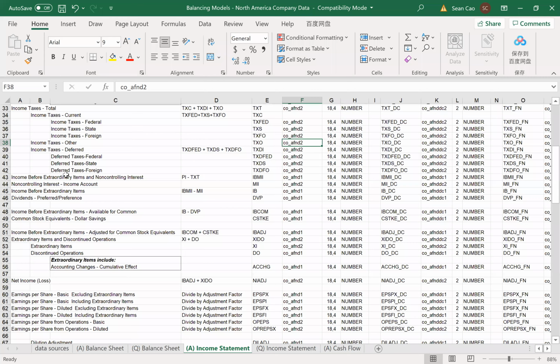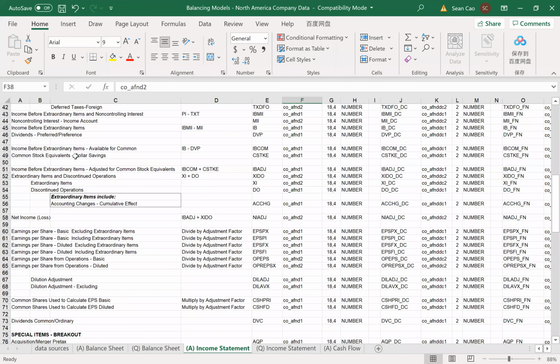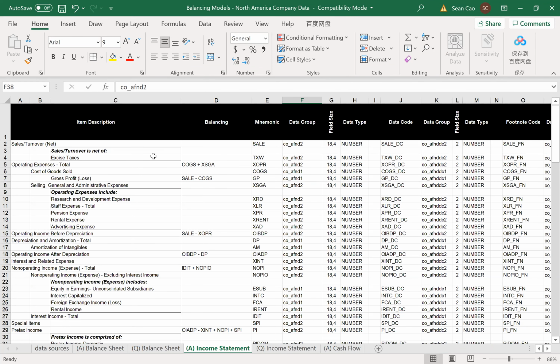You start with sales. After sales, you have cost of goods sold, gross profit, and different expenses: R&D expense, staff expense, pension expense, rental expense. So you have all the variables available for the calculation. Then you have operating income from depreciation, and you have interest.